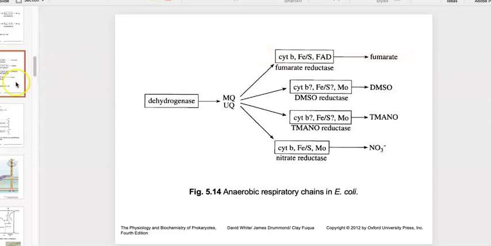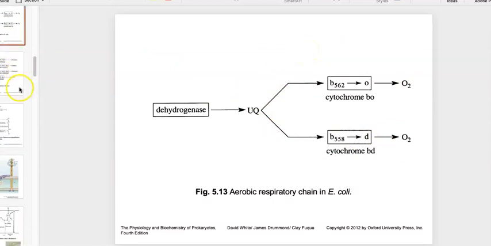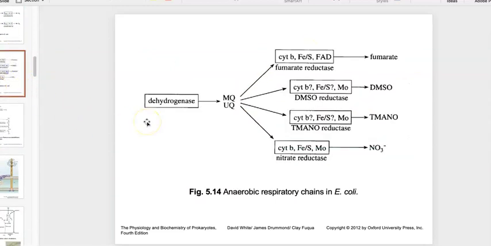So again, not only can E. coli distinguish between levels of oxygen, it can also deal with no oxygen and can activate anaerobic respiratory chains. So E. coli is extremely versatile. We know it's a facultative anaerobe essentially. So when it's growing in the presence of oxygen, it's most happy, but it can certainly switch gears if the right electron acceptors are present. And so that's what's pictured here.